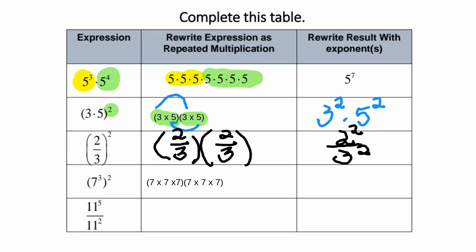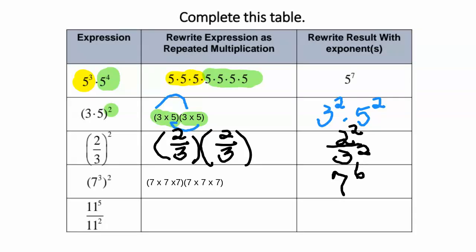We have 3 7s because that's what's inside the parentheses, and on the outside, we have 2. So I'm going to write the parentheses with 7 times 7 times 7 times 7 times 7 times 7, which is going to give me how many 7s? I've got 6 of them: 3 in the first parentheses, 3 in the second.